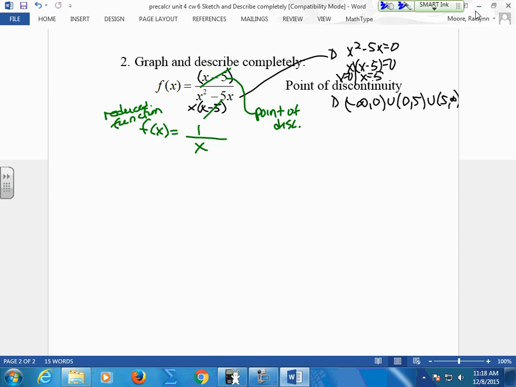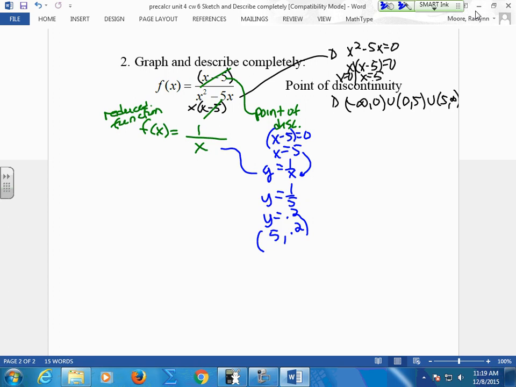Algebraically, we say, okay, take the x minus 5, set this equal to 0, and we knew it was 5, then take this reduced format and find what your y is. You're plugging in your x. Oh, this is 0.2. So this, in fact, is my point of discontinuity. My point that really doesn't exist.